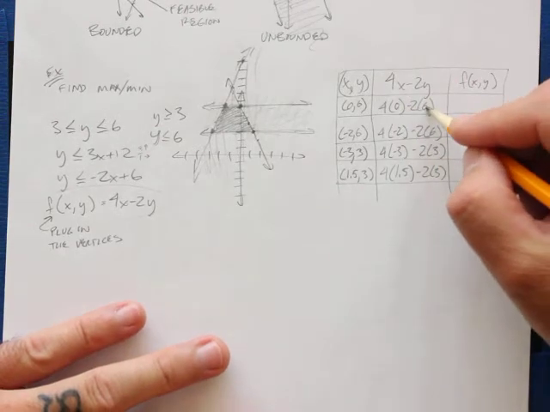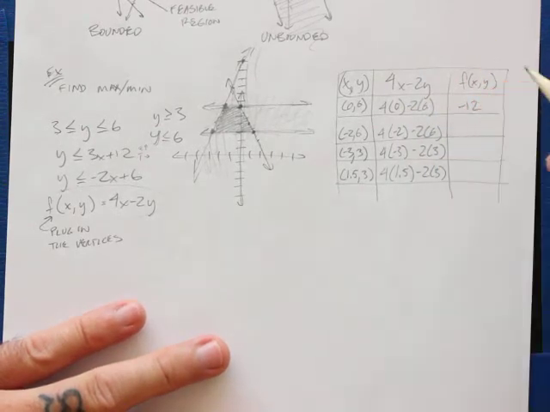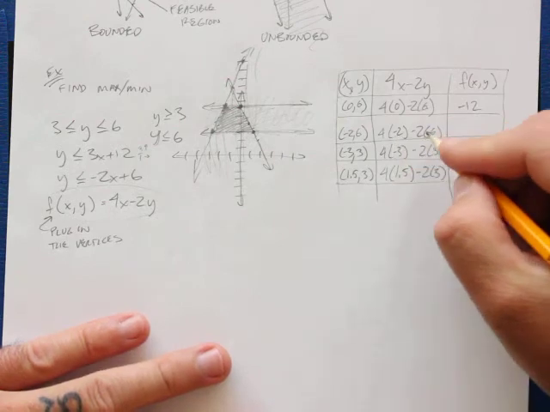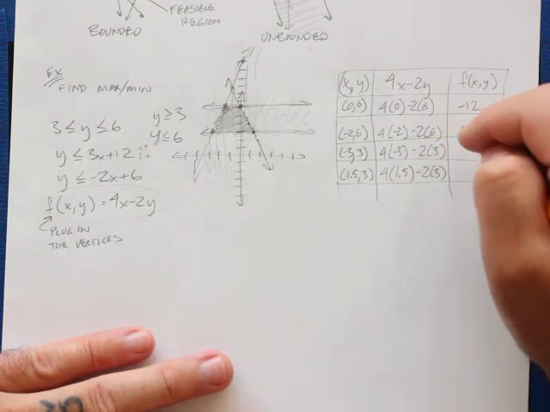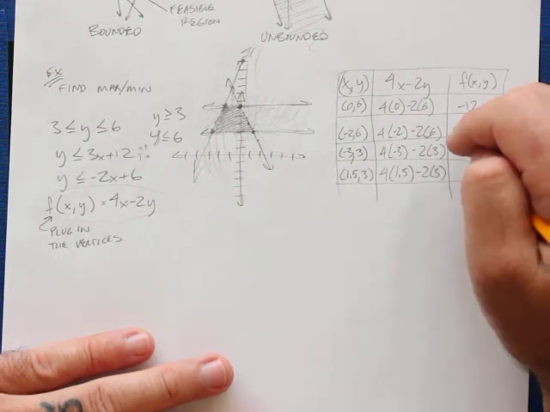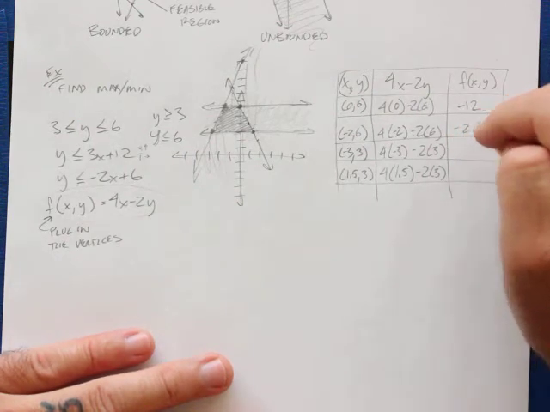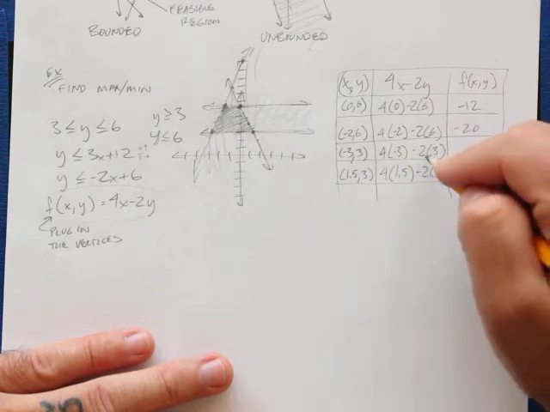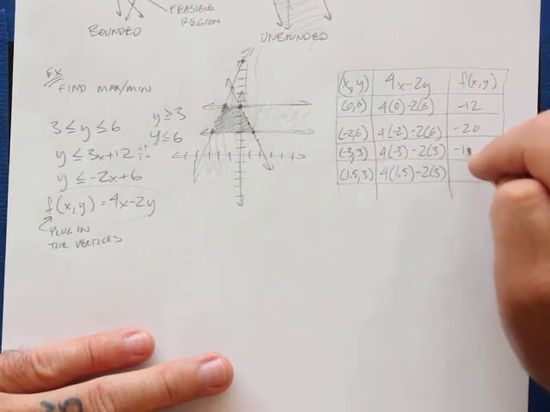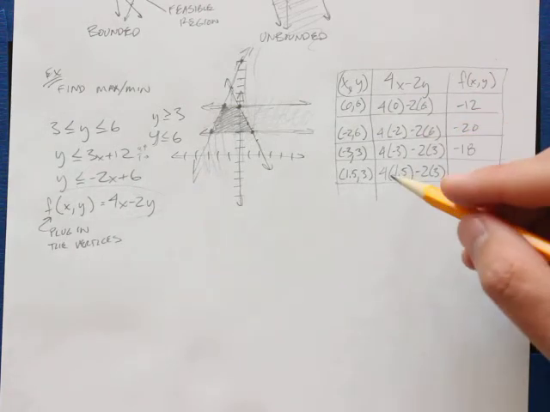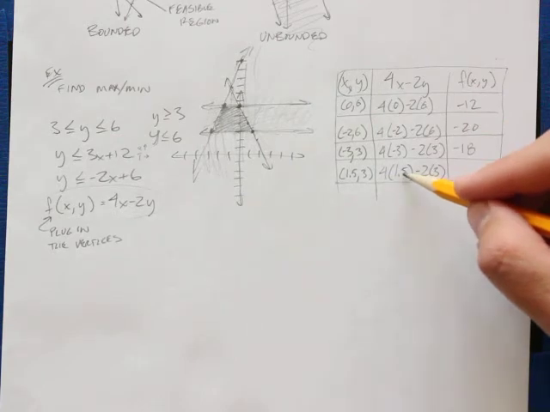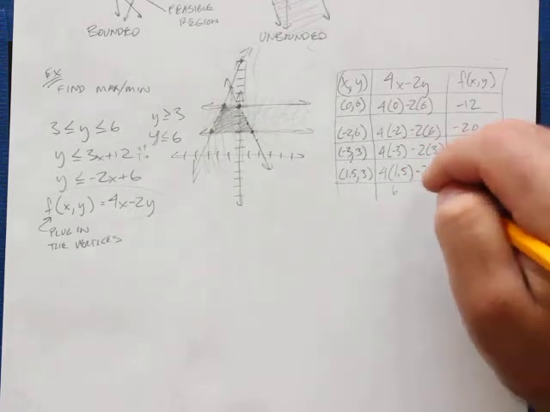0 minus 12 is negative 12. Negative 8 minus 12 is negative 20. Negative 12 minus 6 is negative 18. And 4 times 1.5 is 6.